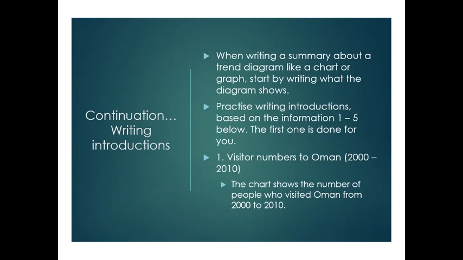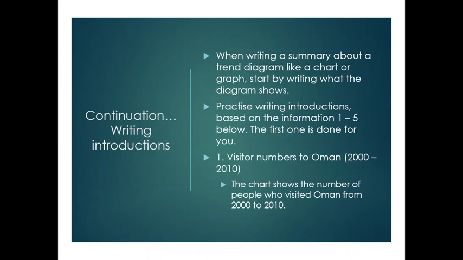This is the information that it's telling us. Visitor numbers to Oman 2000 to 2010. So you can start by writing the chart shows the number of people who visited Oman from 2000 to 2010.